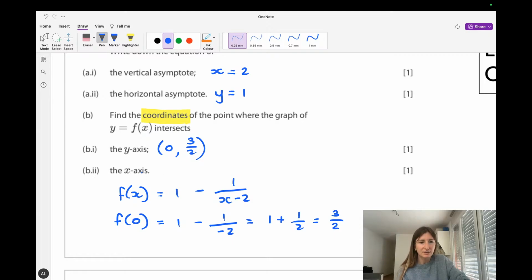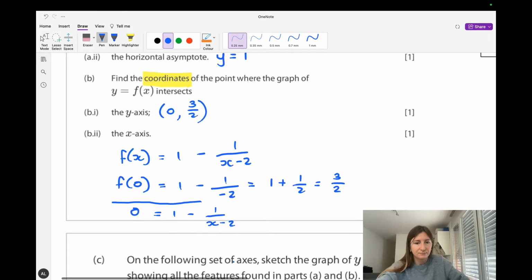Now for the x-axis, we need when y equals 0. So we have 0 equals, I should just draw a line there so you know I'm not following on from that. 0 equals 1 minus 1 over x minus 2. And now let's solve this. I'm running out of space. Let's move 1 over to the other side.